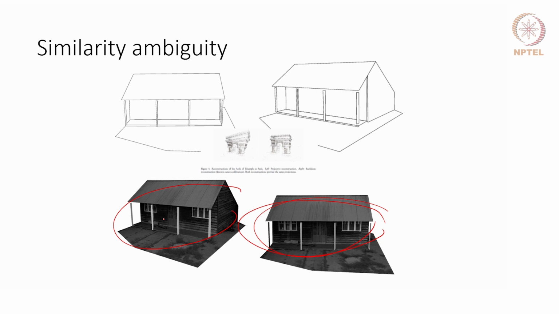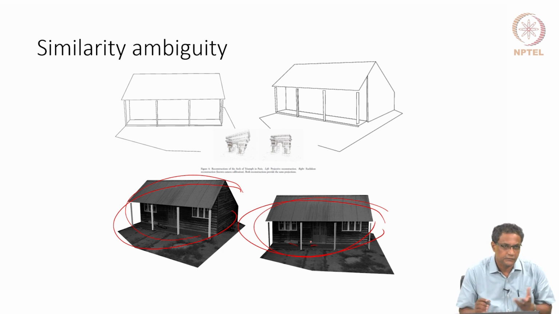You could have a rotation of this, which is what this is. You could have a scaling; it may look smaller. So a similarity is scale, translation, and rotation. All three ambiguities could be there, and it's perfectly okay. That is the level of ambiguity inherent in the problem, and therefore all these are okay. We don't have a problem, and we accept all these solutions.